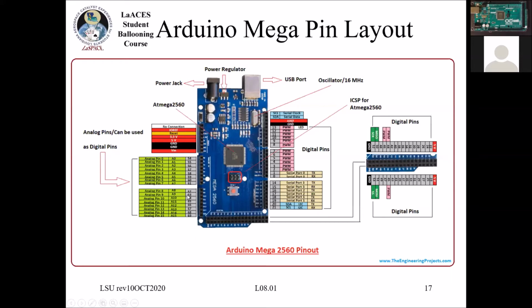That just means they are digital pins that can also be used for analog inputs. You also have, as we discussed, your pulse width modulation pins. Then you also have your serial ports and your I2C pins.